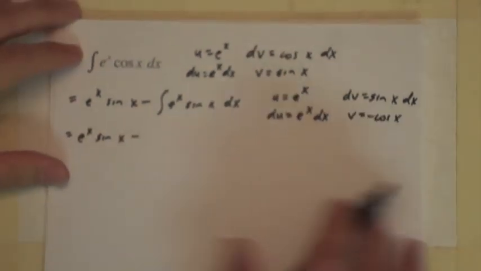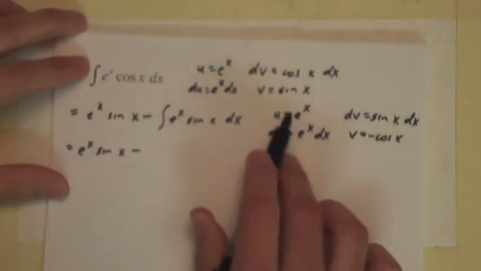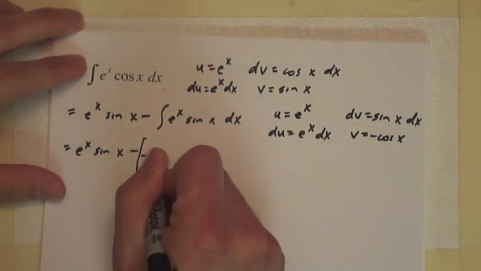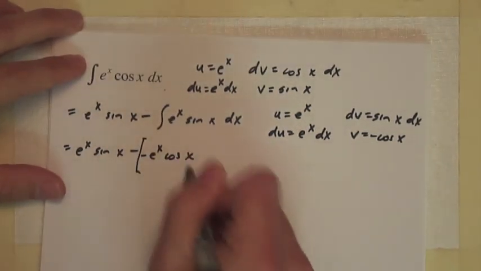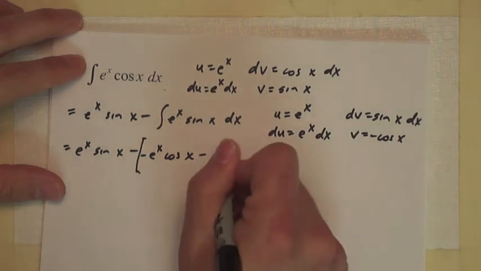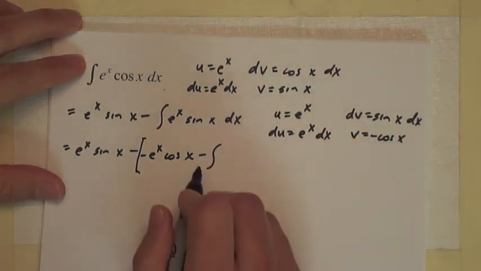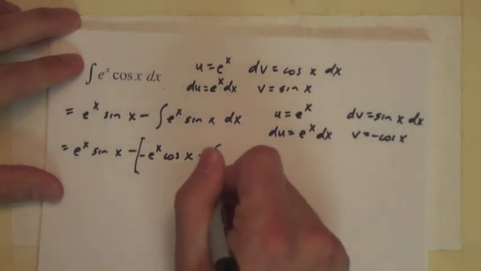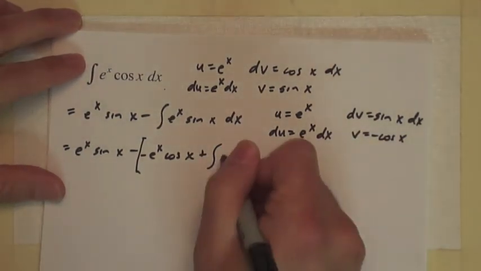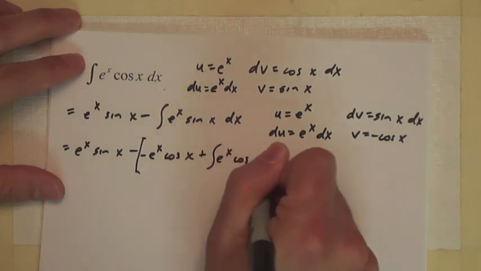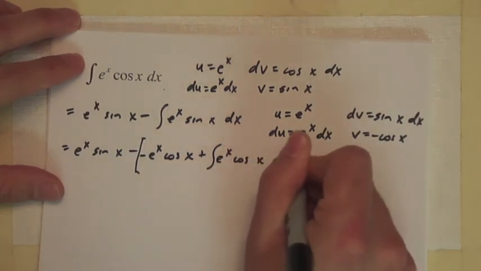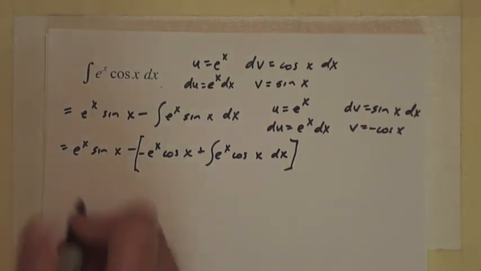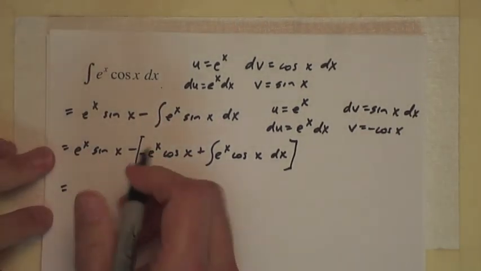Minus, this thing becomes uv, negative e to the x cosine x, minus integral v du, e to the x times negative cosine x. So I'll make that a plus because we have two negative signs. And we get this. Let's just simplify this a little bit.